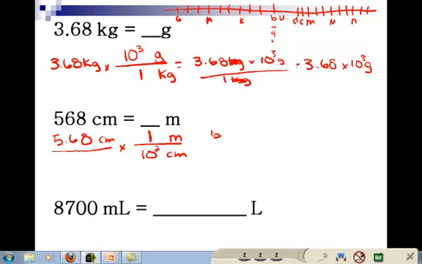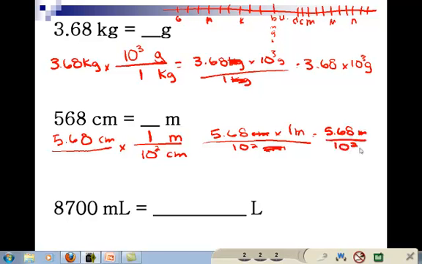So I have 5.68 centimeters times 1 meter over 10 to the second centimeters. Sorry, my pen keeps getting wiggly. Cancel my centimeters out, and I get 5.68 meters divided by 10 to the second.